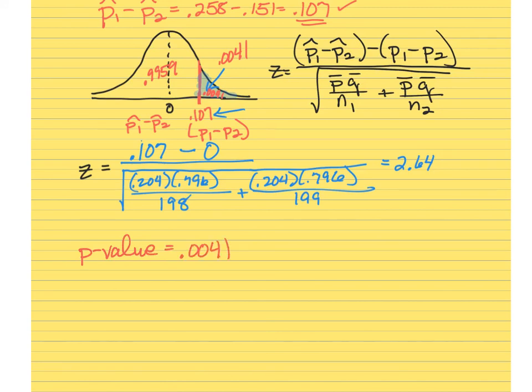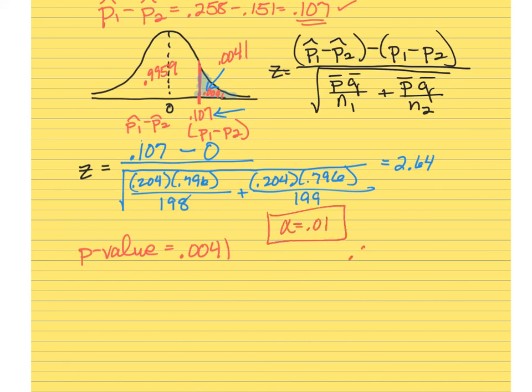So we need that p-value. We would compare it to the alpha level. And let's use a 0.01 significance level here. So let alpha equal 0.01, right?